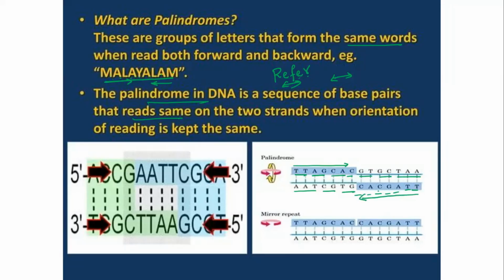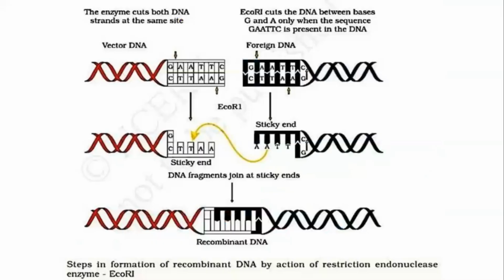Okay. Now, how are they going to cut at this particular site? The enzyme cuts both DNA strands at the same site. So this particular enzyme will be cutting both DNA strands at the same site.